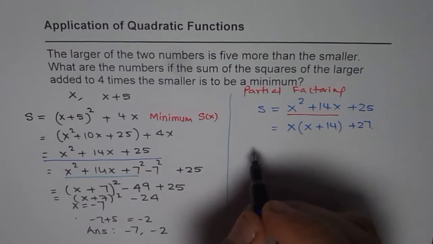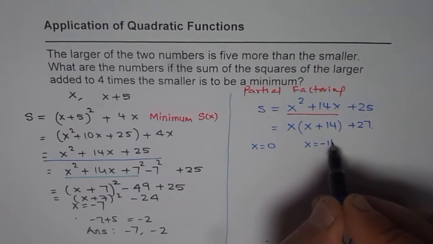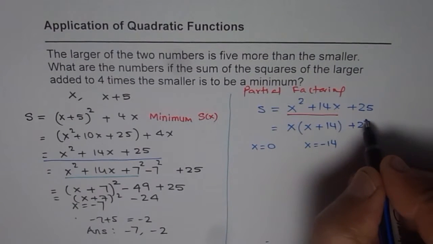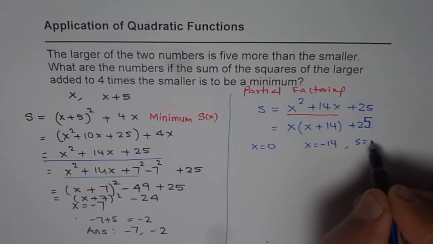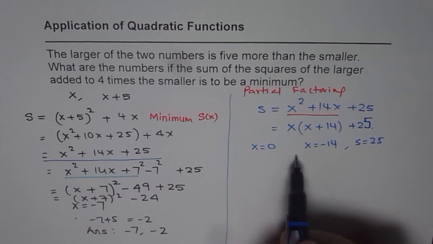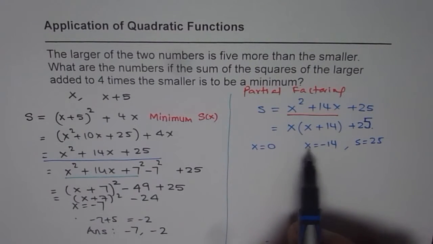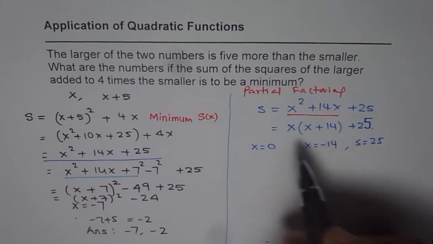Now for x equals 0 and for x equals minus 14, what is the value of s? It is 25. So for these two values, s is the same. Midway between these two values we have the axis of symmetry. That is how you do it with partial factoring.